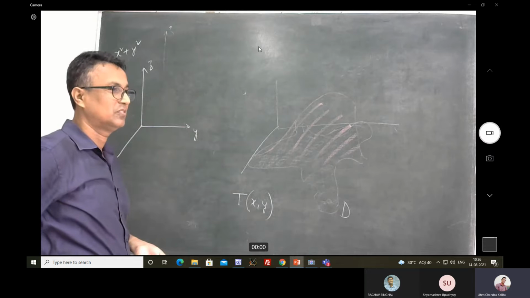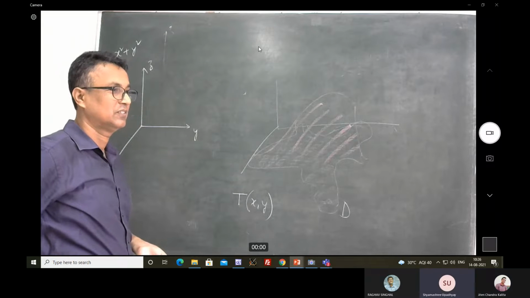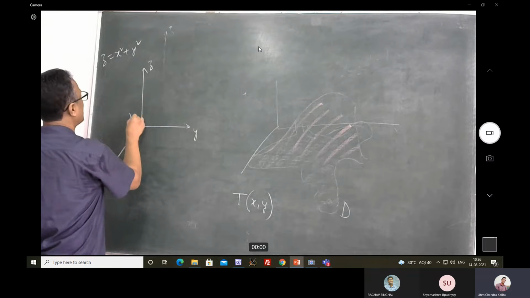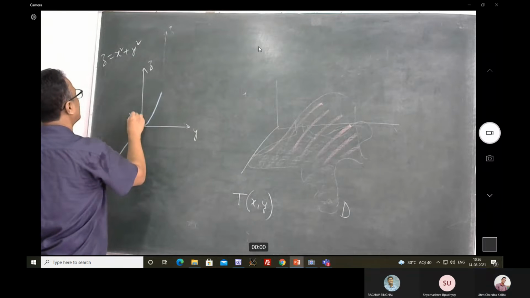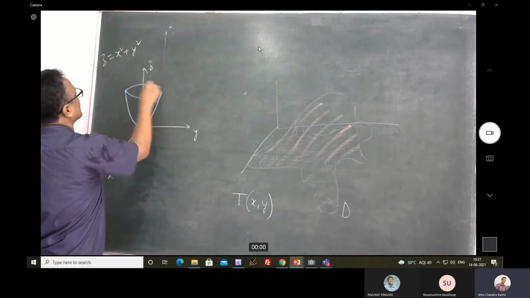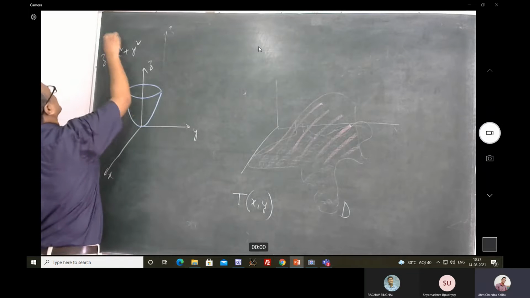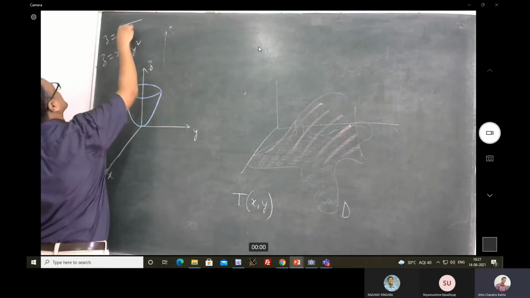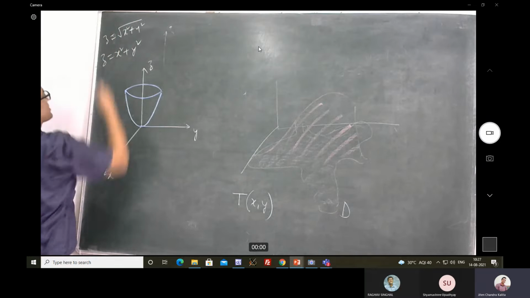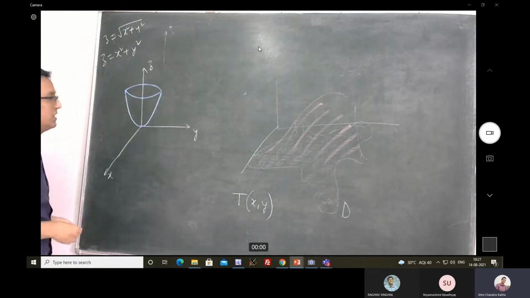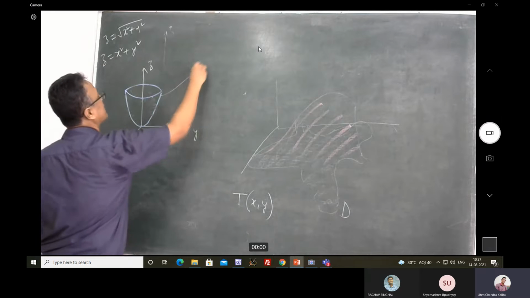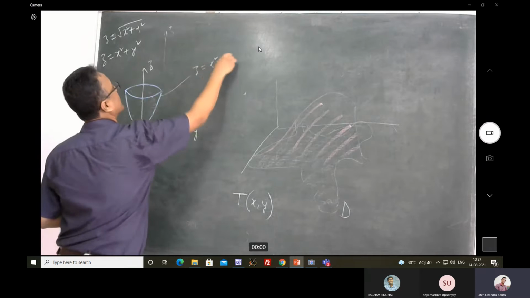Now, paraboloid, yes. It is going to be a paraboloid. A cone will be z equal to this, it will be above, and if this is minus, it will be below the xy plane. Okay. So this is nothing but the surface z equal to x squared plus y squared.